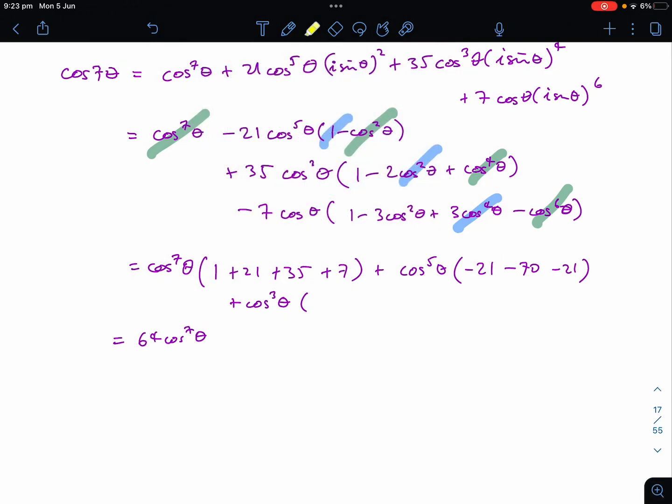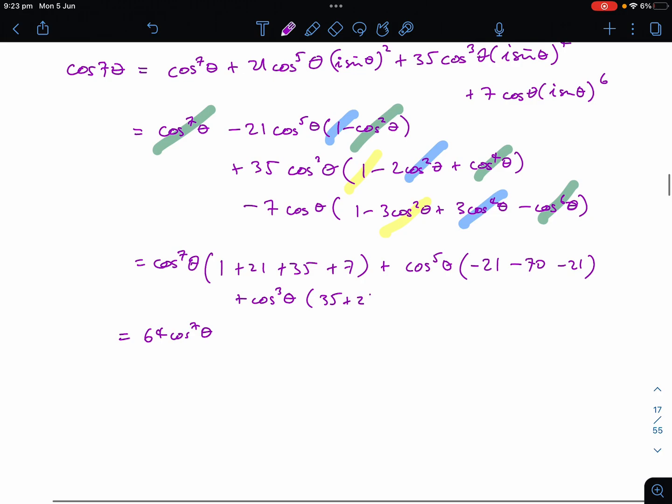So one of them and 7 of them. Well, that's easy enough. One of them is cos cubed, so 35 plus 21, and then we're left with plus 7 cos theta.